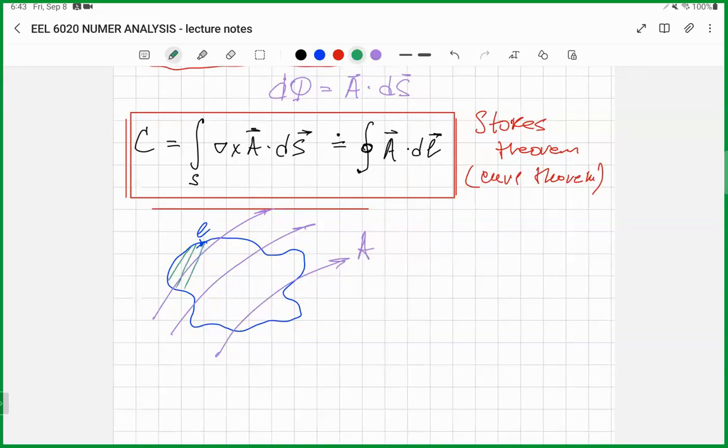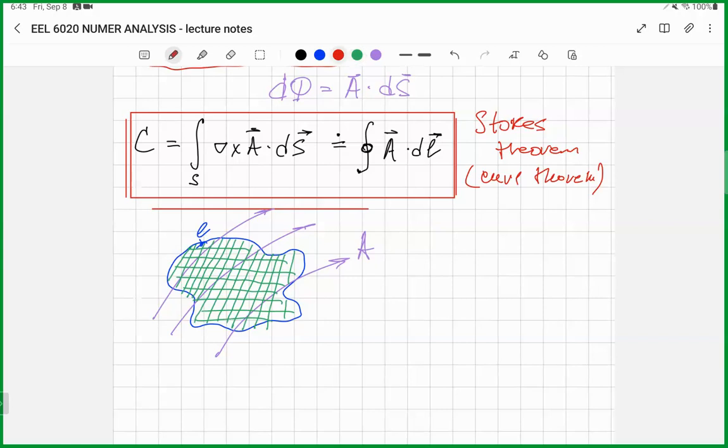discretize this surface, the area enclosed by this loop, like this. In this case, it is really flat pixels. And I can find the curl of this field.